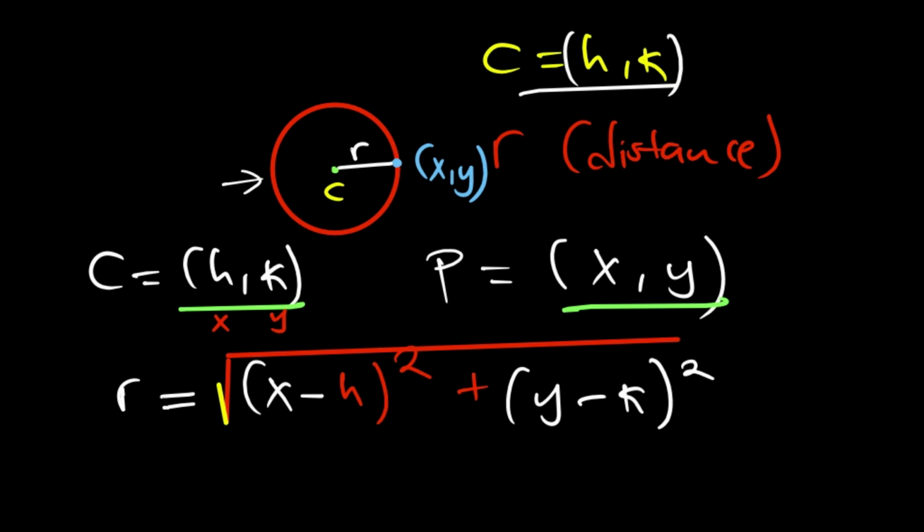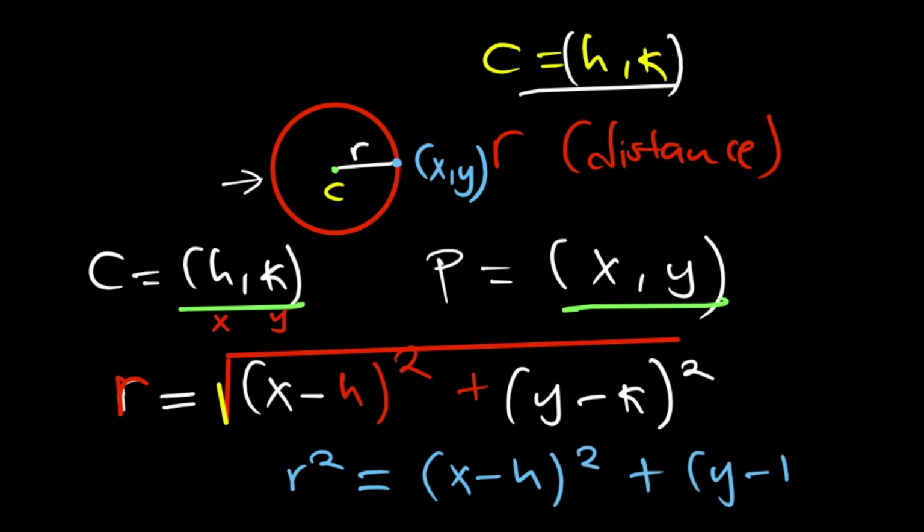So that is the formula for determining the distance, and that is how you determine the radius of a circle. And this is now where the equation is going to come from. Easily just square both sides. Your r squared becomes, the square root disappears on the right, and we just remain with x minus h squared plus y minus k squared.